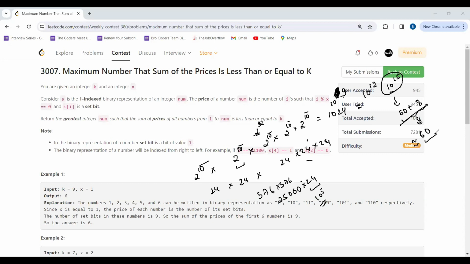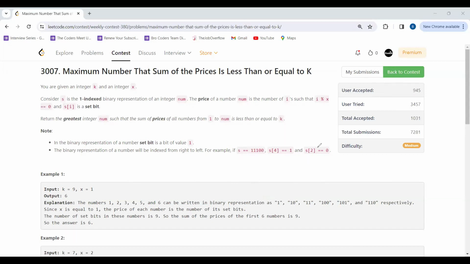Okay. So now let's come to another thing. We need to find, let's take the first example, then it will become clear. Otherwise, it's very tough to discuss this problem verbally.